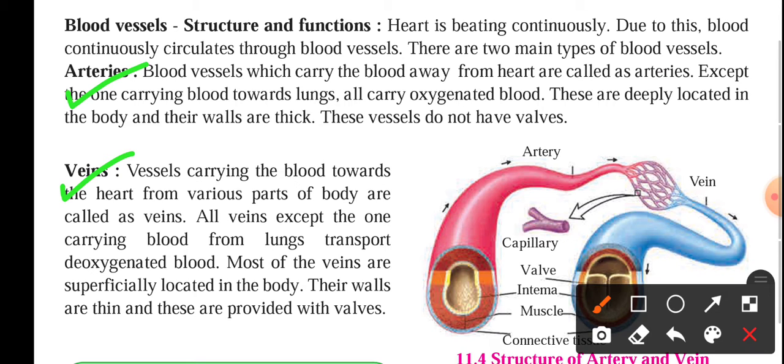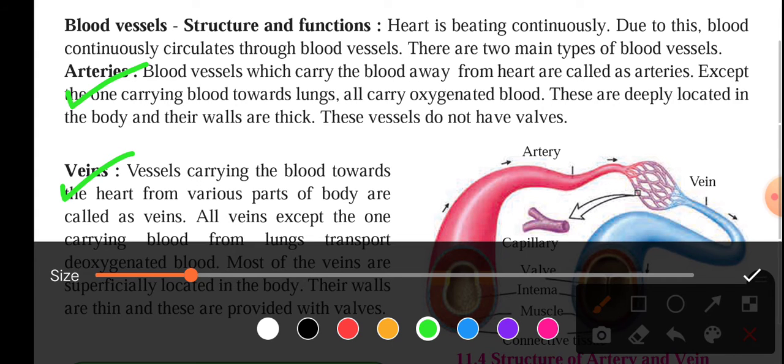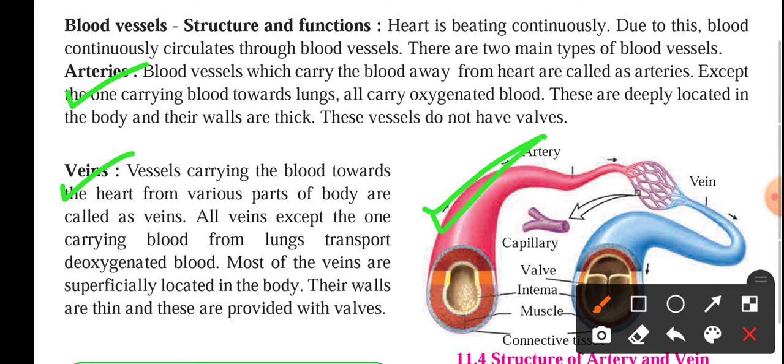Arteries are the ones which carry the oxygenated blood. You can see over here this red color is the oxygenated blood, and this blue color they have shown over here is the deoxygenated blood. Now these two are very important in transporting fluids, nutrients, water, and most importantly the blood.